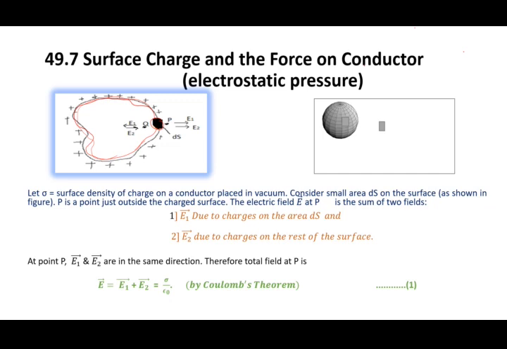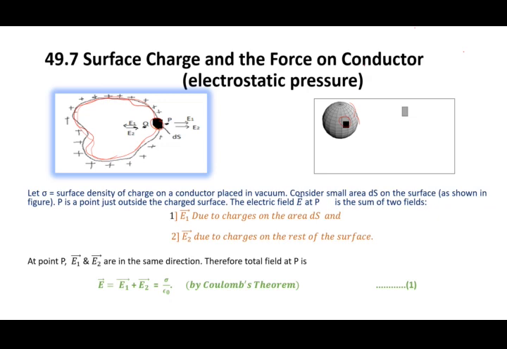Let this be the small portion of the conducting surface. What is the force on that surface due to the rest of the portion? To obtain that expression, we will consider this one.